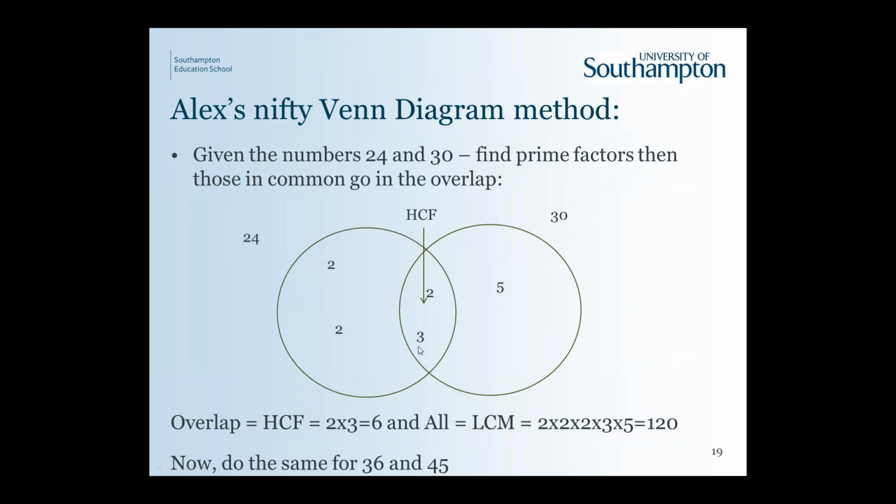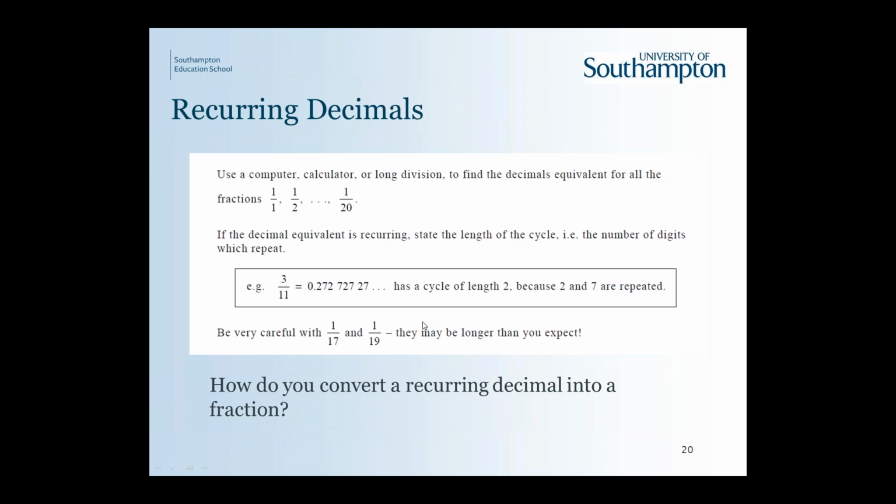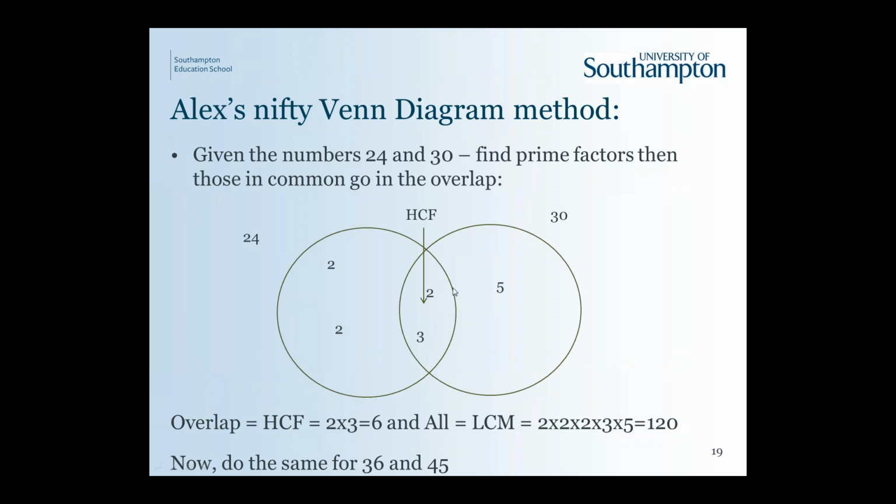So they have a 2 and a 3 in common. The ones they have in common go in the overlap, and the ones they don't have in common go in the outer bit of the circle. So the overlap is the highest common factor. 2 times 3 is 6.